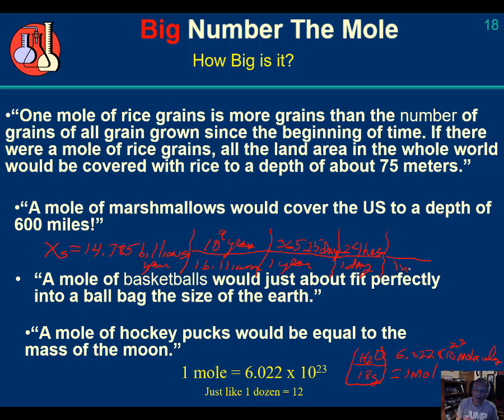And 1 hour, I'm going to go straight to seconds, 3,600 seconds. Okay, let's check our units. Billions of years cancels, years cancels, days cancels, hours cancels. We're going to find out how many seconds there are since the beginning of time.